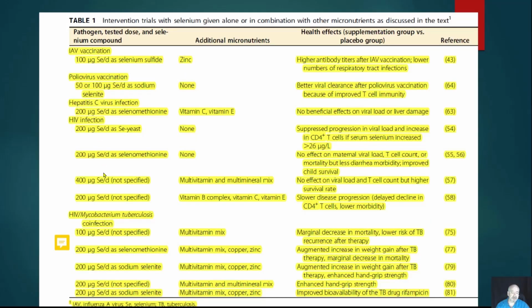This slide is an example of known vaccinations where it has been identified that, in the presence of these micronutrients, the body initiates a better immune response to the vaccines if adequate amounts of these nutrients are present.